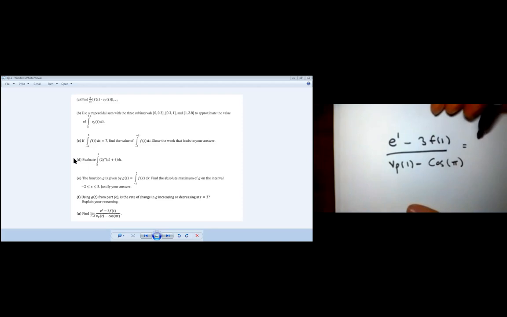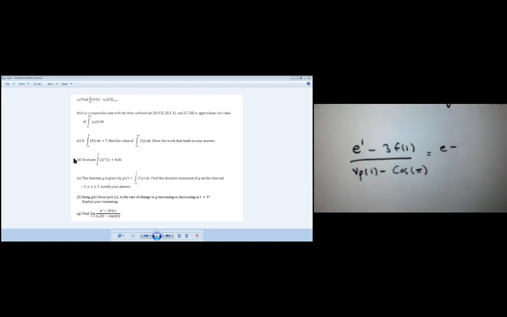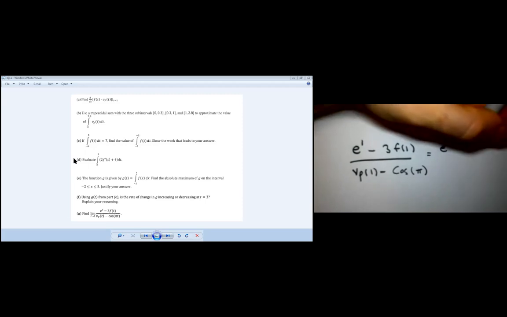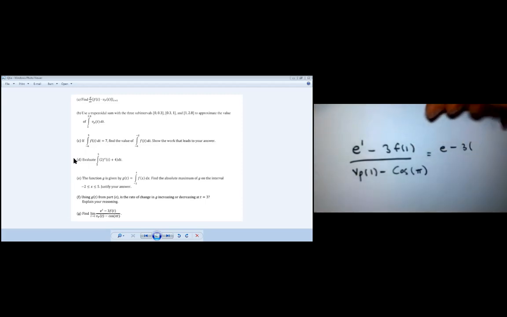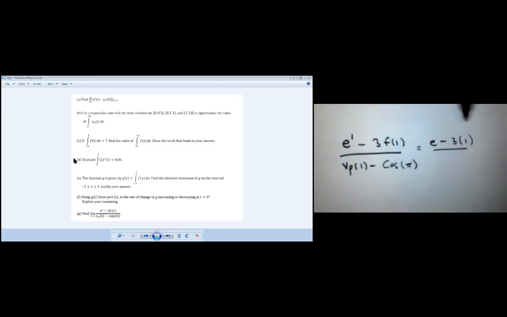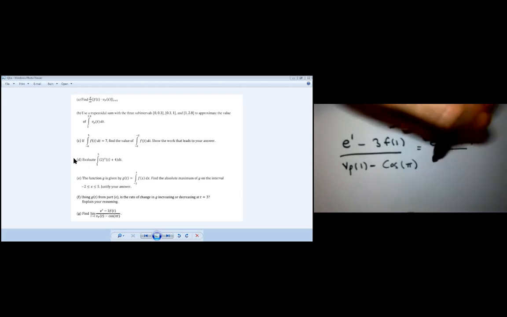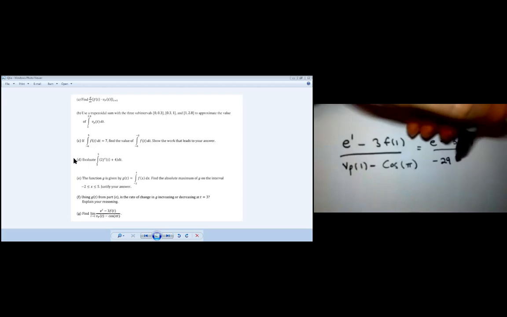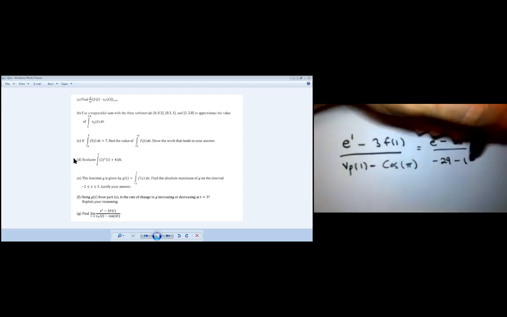All right, so that's e minus, what's F of 1, somebody? That should be right on the graph. It's 1. F of 1 is 1. Yes. Okay. Over, what was the denominator at 1? Negative 29. Negative 29 minus cosine of pi, which is negative 1.